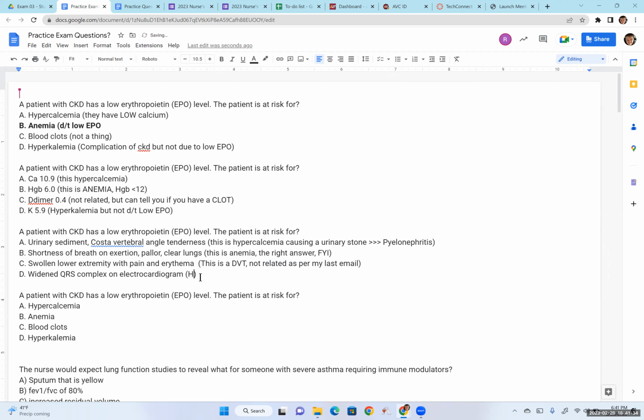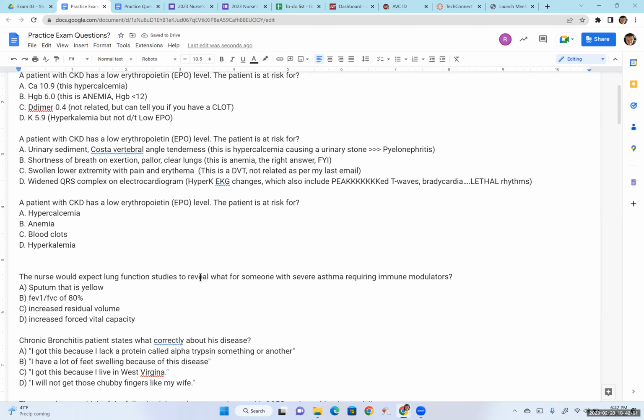That's hyper K. It can also have what? This is hyper K EKG changes, because it could also be an EKG that looks hyper K, which has peaked T waves. And bradycardia and lethal rhythms. It's usually PEA.